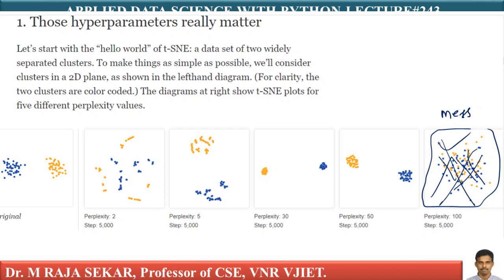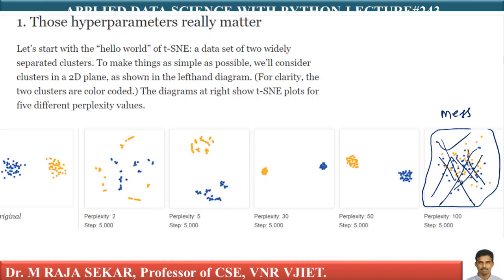See, when I am trying to preserve distance for every pair of points, isn't it? I have two data sets originally. There are 50 plus 50, 100 points. So the second most important lesson is, if your perplexity is equal to the number of data points, you will simply get a mess.